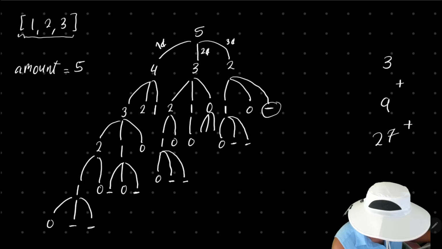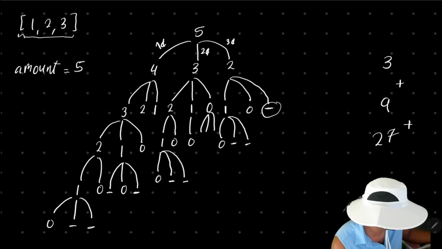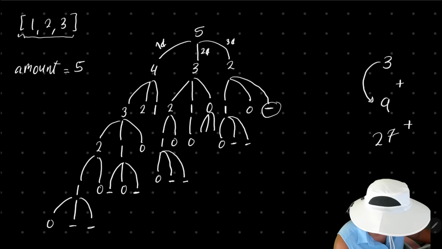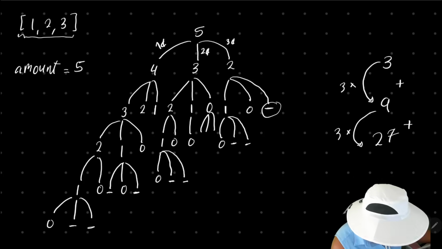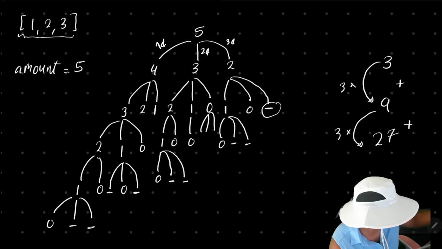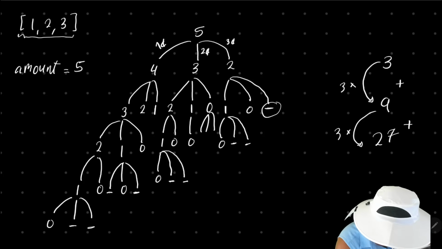The point I'm trying to make is our tree size is growing exponentially, because for every level we are creating a new function call, a new frame in the stack, for every coin, which makes our function calls increase by a factor of 3. Why is that? Because I have 3 coins, and for every new amount I'm spawning 3 different functions.